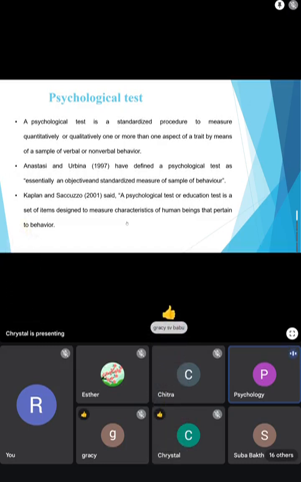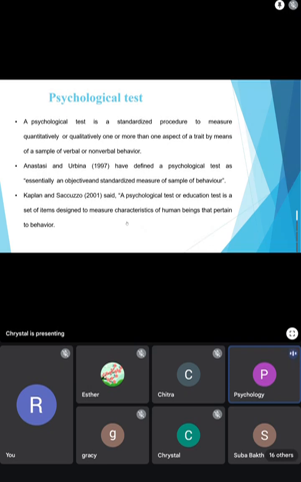If you're going to assess the intelligence, the attitude of a person, the self-esteem, his or her interest in music, or proficiency in the English language, the personality of a person, or how rigid the person is, or how free and flexible the person is, all these things have standardized tests available. That is what we are going to deal with in this chapter.